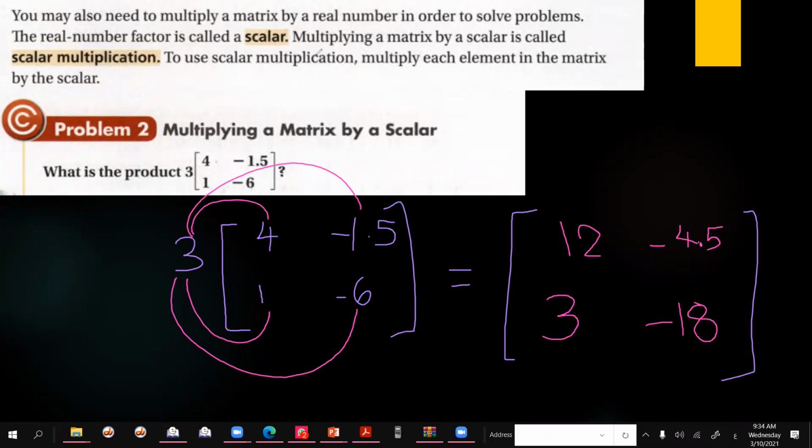So here you multiply the scalar number, which is 3, by each element in the matrix: 3 times 4, then 3 times negative 1.5, then 3 times 1, then 3 times negative 6. This kind of multiplication, we call it scalar multiplication.